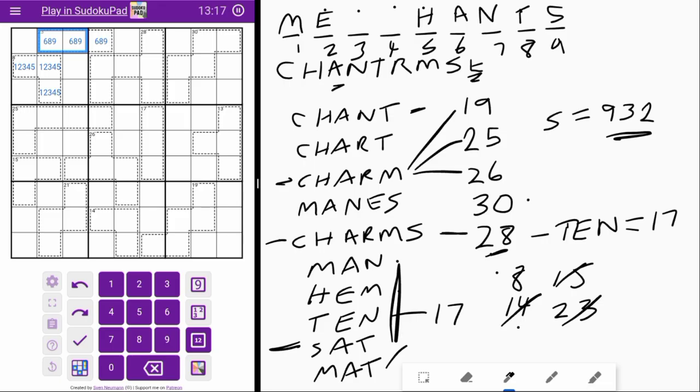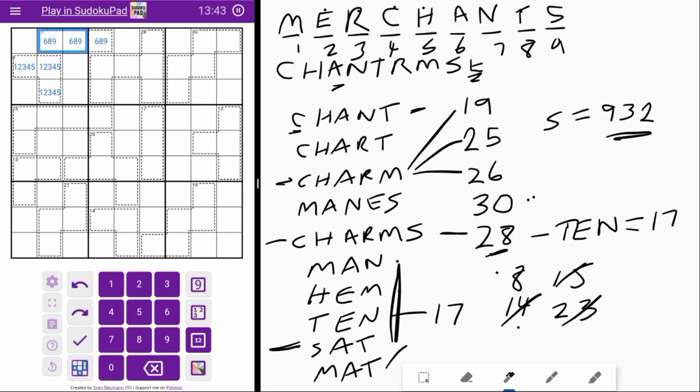So H-A-N-T adds up to 11 and 7, and 11 and 15 is 26. So chant obviously has to be the 30, so it has to be a 4. So the R. Is that right? No, I got that up wrong. Chant. No, the C. Yeah, that's right. So the C has to be the 4. That works. And so obviously the code word is merchants.